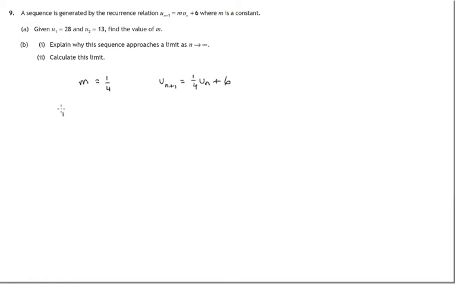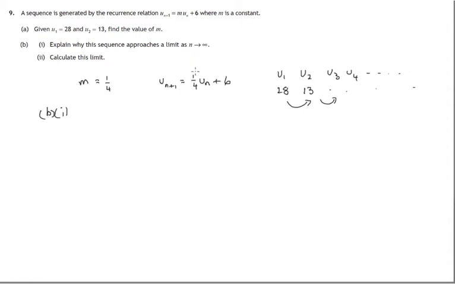So this part B asks us to explain why this sequence approaches a limit eventually. Remember, we're starting with the first term being 28, the second term being 13, the third term, fourth term, and so it goes on. And we now know we multiply by a quarter, add 6, multiply by a quarter, add 6 to get the sequence of numbers. And eventually we're asked to explain why this must approach a limit.